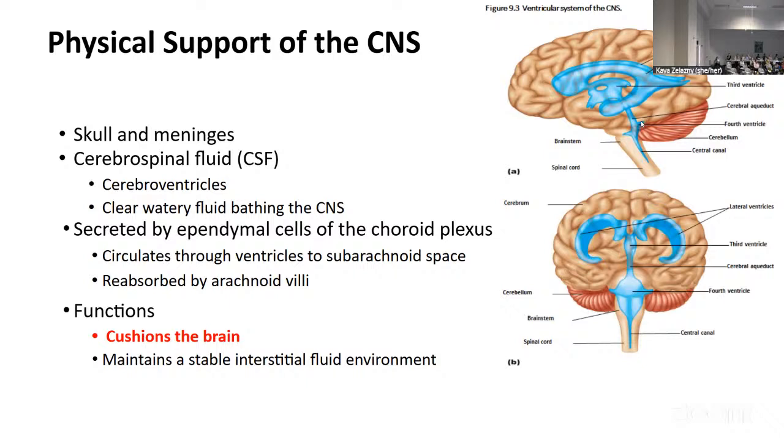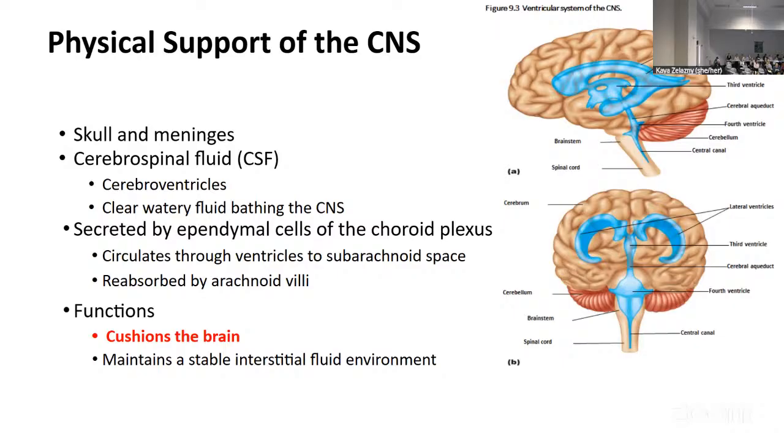So from there, some of it's going to go down towards the spinal cord, and some of it's going to escape out and go in our subarachnoid space and surround the brain overall. Eventually it gets reabsorbed and ends up basically in your veins, returning as part of that fluid towards the heart.